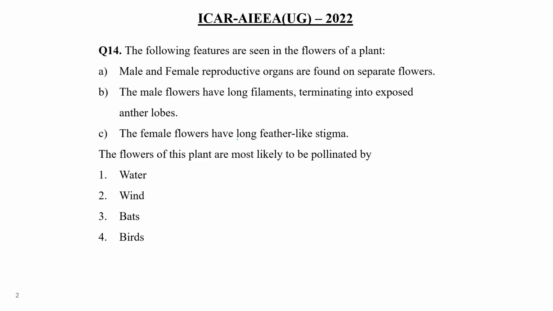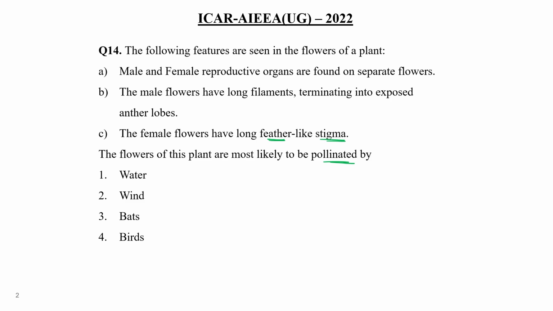The female flowers have long feather-like stigma. They have given us 3 different qualities of flowers, male and female flowers present in a plant, and they want to know by which agent the flowers of this plant are most likely to be pollinated.